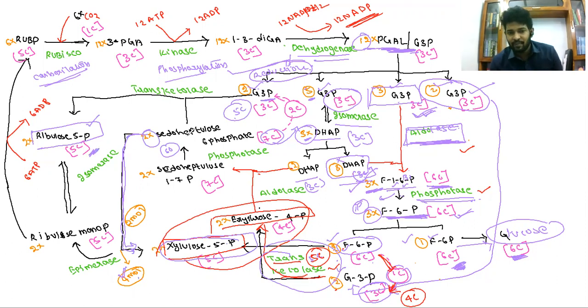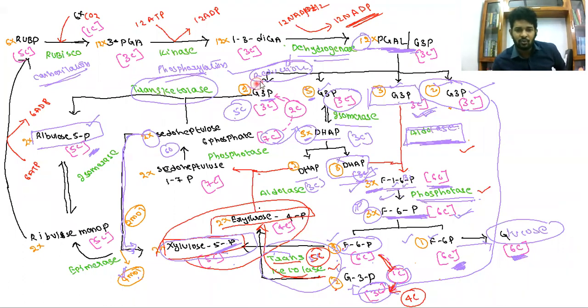Don't get confused. During the transketolase reaction, two byproducts will be produced. Here the two byproducts are xylulose 5-phosphate and erythrose 4-phosphate.